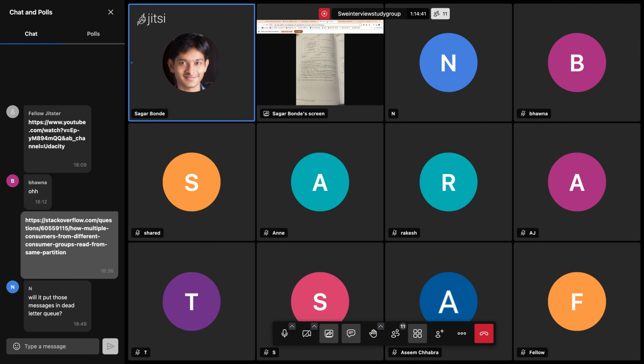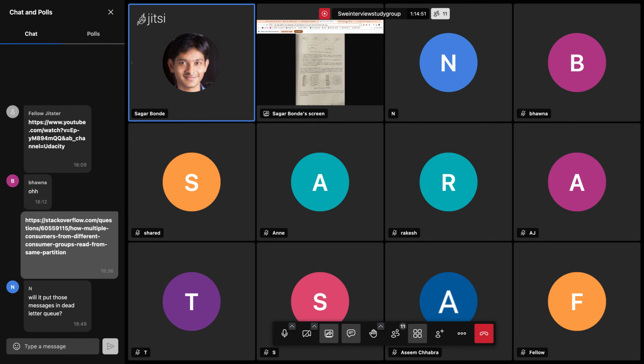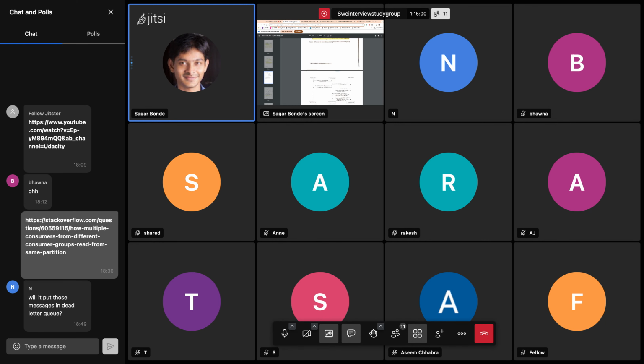There are more topics here. This is the first page, this is the second, and this is the third. Let's at least complete the pull model and then stop.